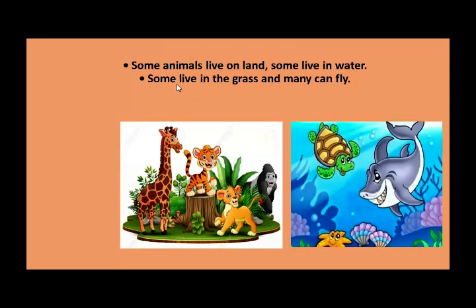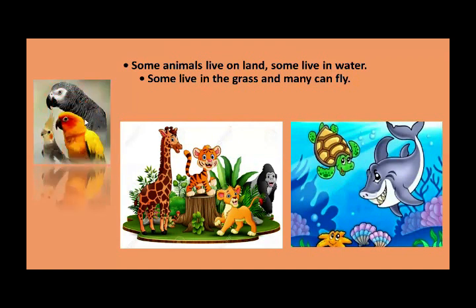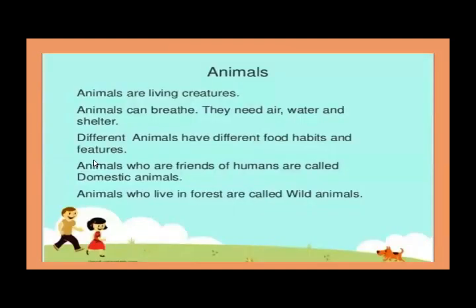Okay, and some live in the grass, like grasshopper, insects, ants and cockroach. And many can fly. Many can fly means birds. Okay, birds are flying animals.